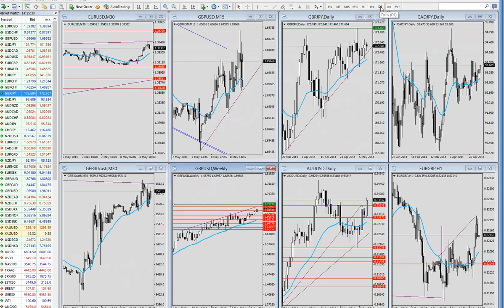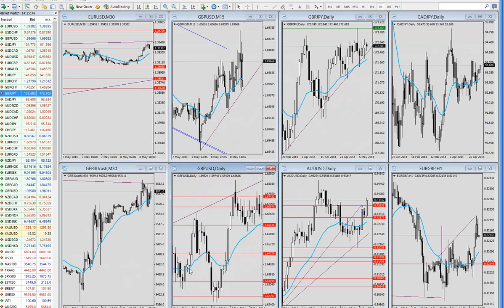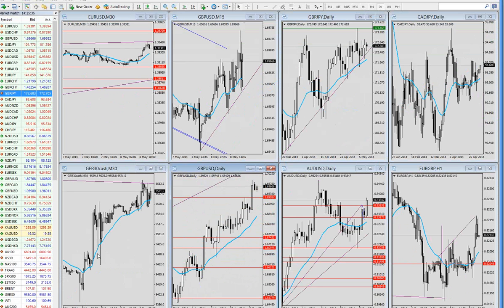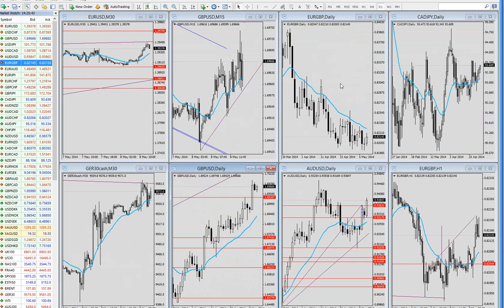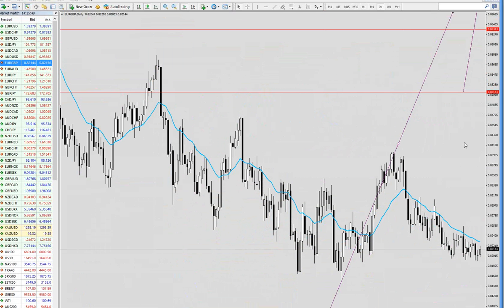Let's switch to daily here. As you can see, not much action. So quickly, let's see. Euro pound.